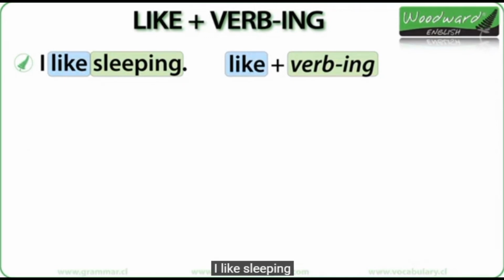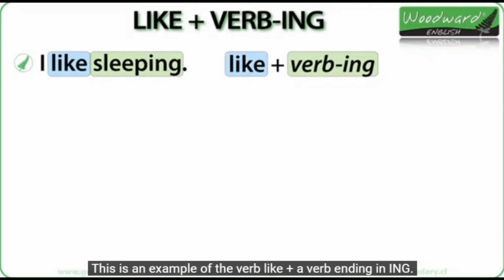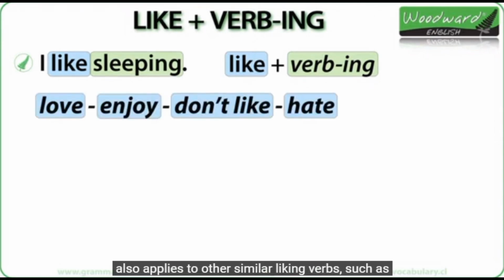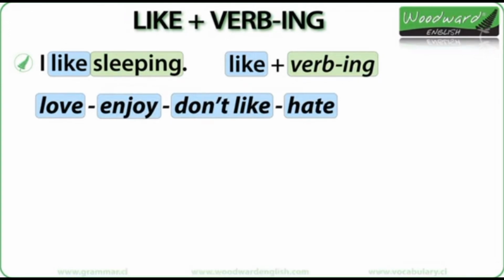I like sleeping. Verb plus the ing. This is an example of this verb like plus a verb ending in ing. This rule of like plus verb ing also applies to other similar liking verbs such as love, enjoy, don't like, hate.